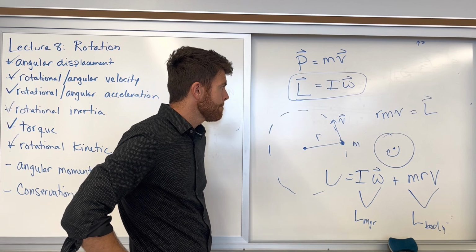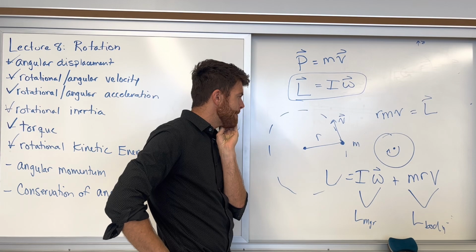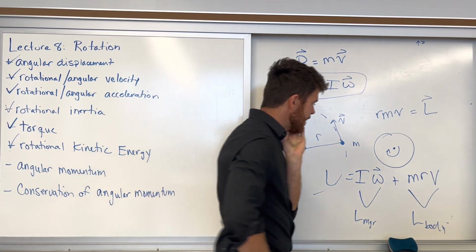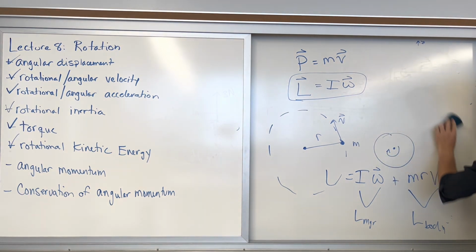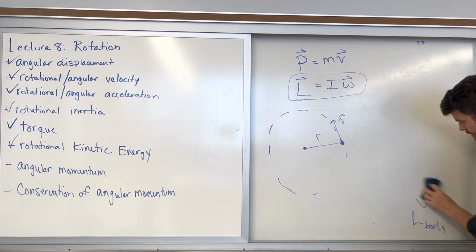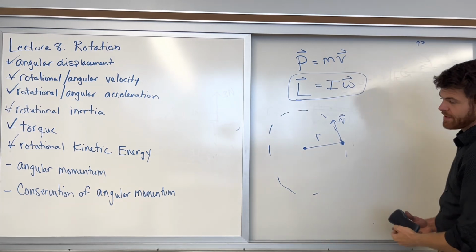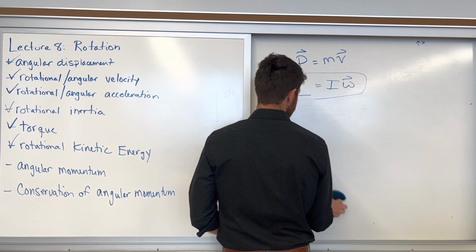Okay. Now, just like linear momentum, angular momentum is conserved as well, unless there's a net external torque. And so this is a really interesting phenomenon, and we use it all the time.